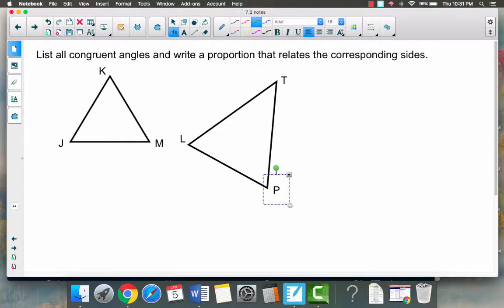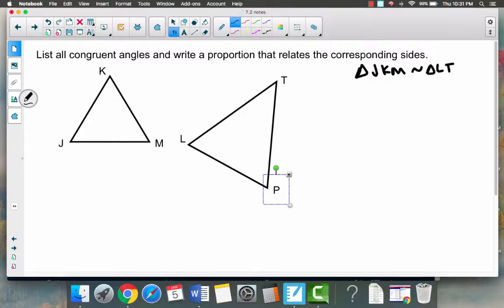All right, so here's an example. This one doesn't have any numbers with it, but I'm wanting you to list all the congruent angles and then write a proportion that relates all the corresponding sides. So in this statement particularly, you would have a similarity statement that would say this: triangle JKM is similar to triangle LTP.